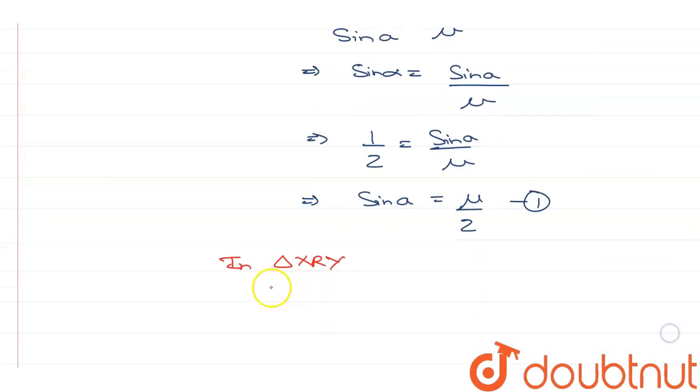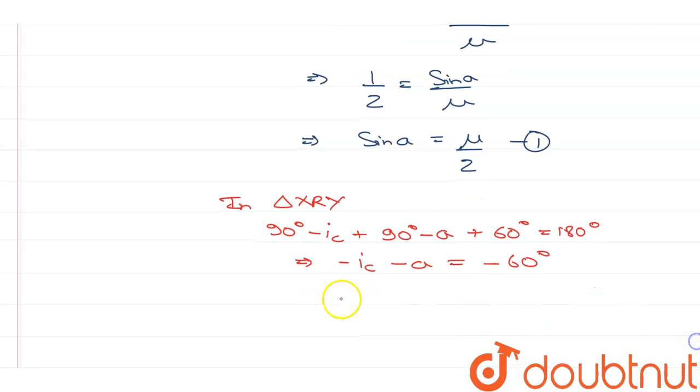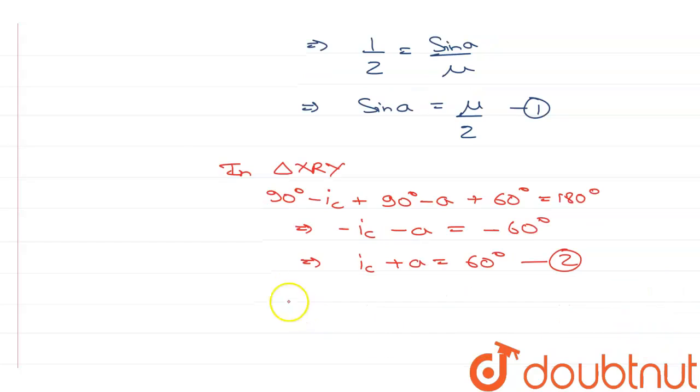So 90 degrees minus IC plus 90 degrees minus A plus 60 degrees is equal to 180 degrees, which means negative of IC, negative of A is equal to minus of 60 degrees, which means IC plus A is equal to 60 degrees. Equation number 2. Now we also know that the sine of critical angle is equal to 1 by mu.